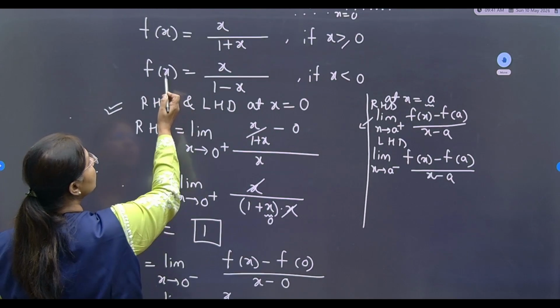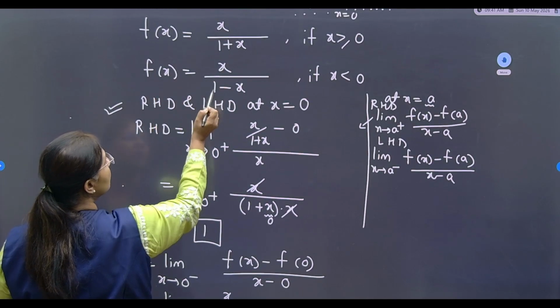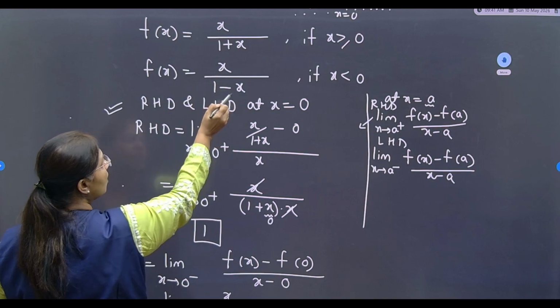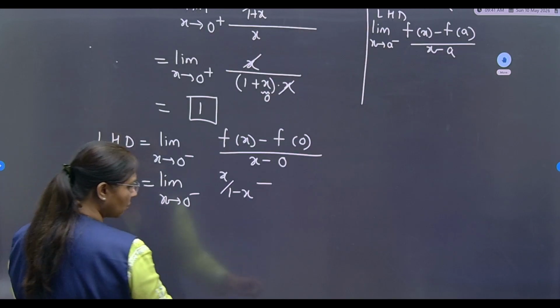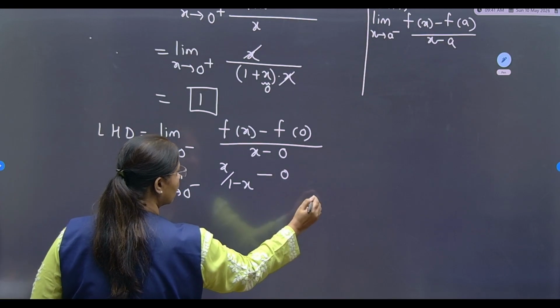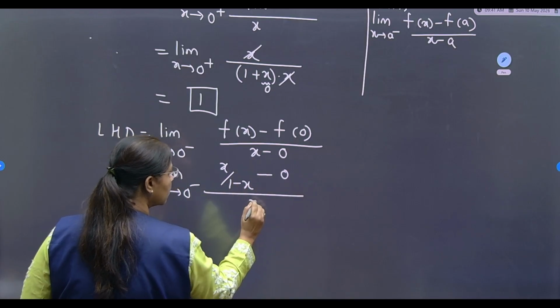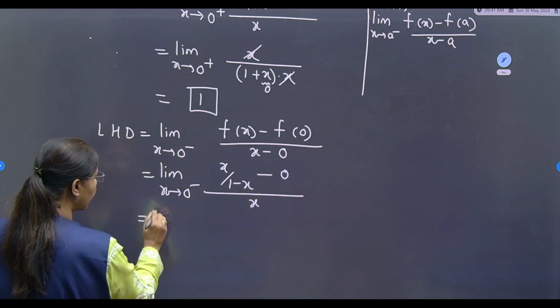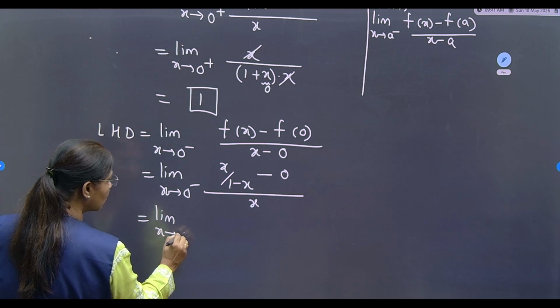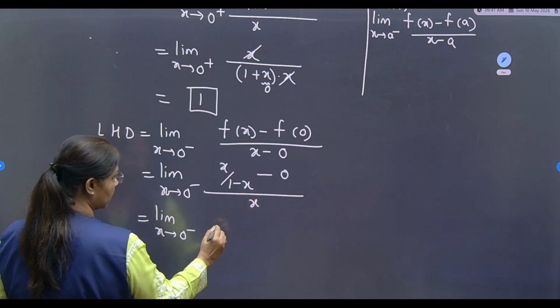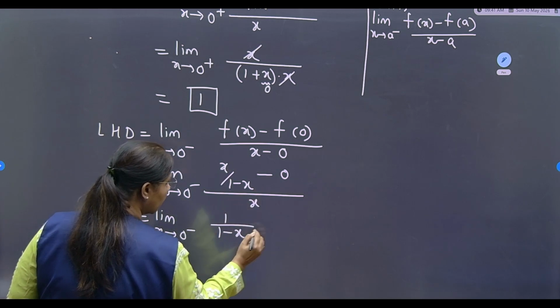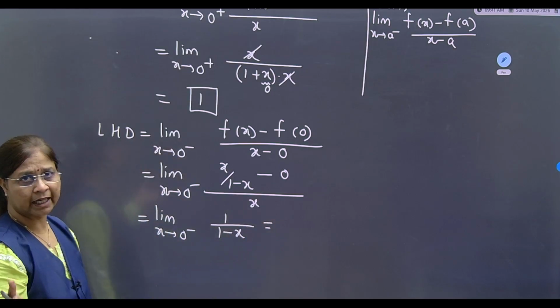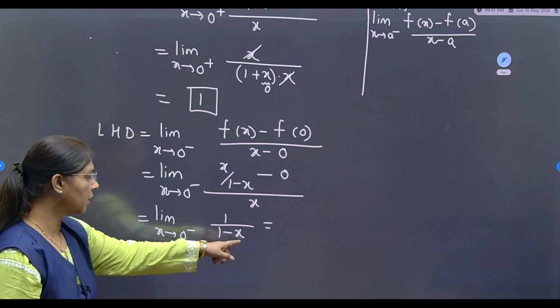Using x equals 0, f of 0 is 0 upon 1 minus 0, 0 upon anything, 0. So we get 0 upon x minus 0, x. Therefore we get limit x tends to 0 minus x, x cancels, 1 upon 1 minus x. And then using the direct method, put x equals 0.